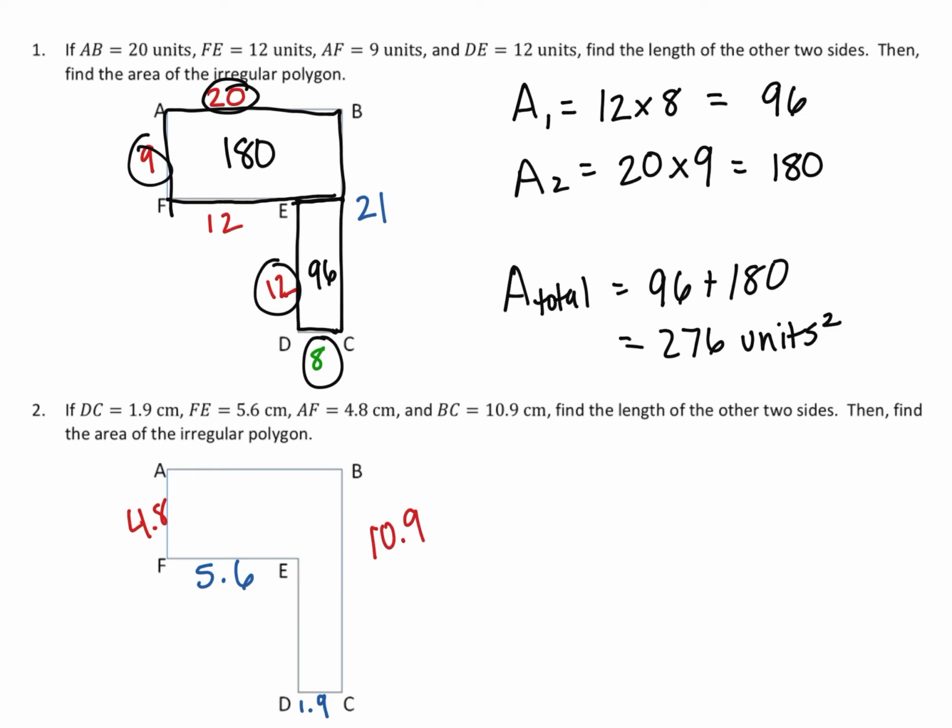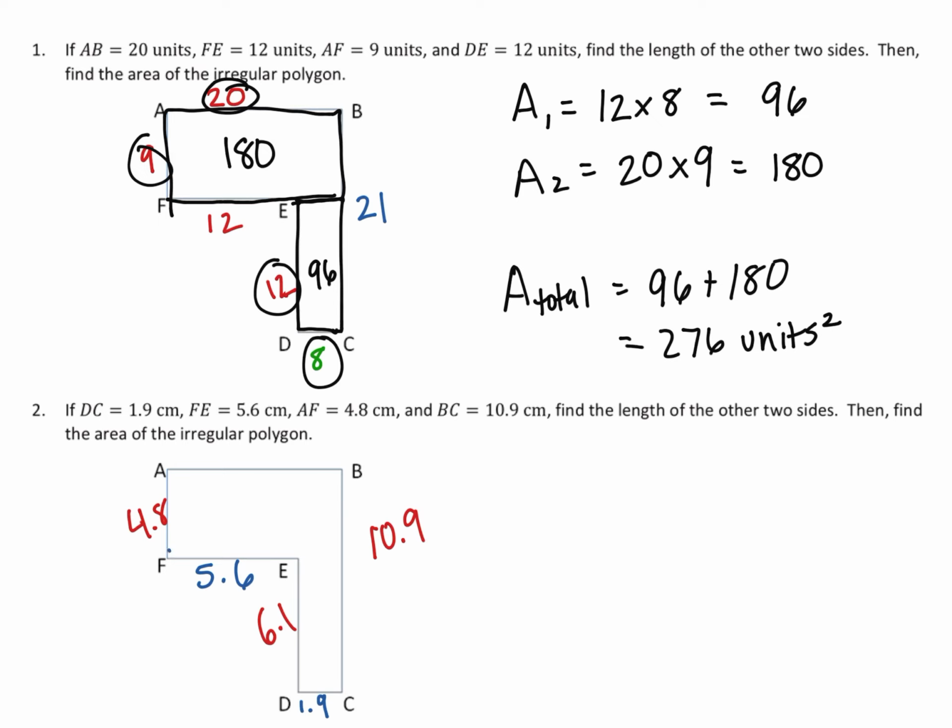So, if I know that the whole side length is 10.9 and one piece is 4.8, the other piece that's missing has to add with 4.8 to get to 10.9. So 4.8 plus 6.1 makes 10.9, which means DE must be 6.1.